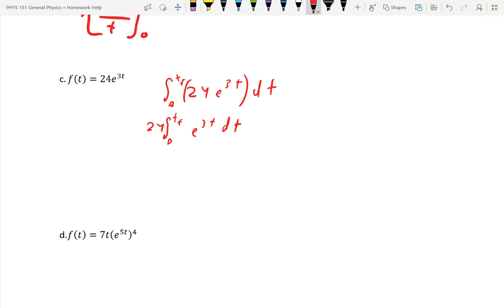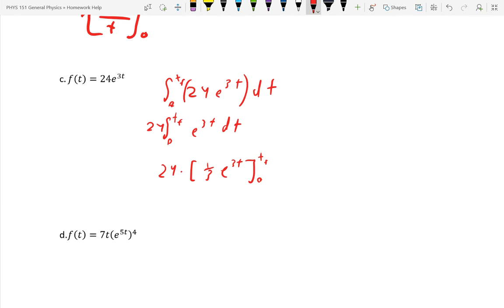Awesome. Okay, so 24 times 1/3 e to the 3t from 0 to tf. And so then I can simplify that, because I really can just put the 24 in there, right?